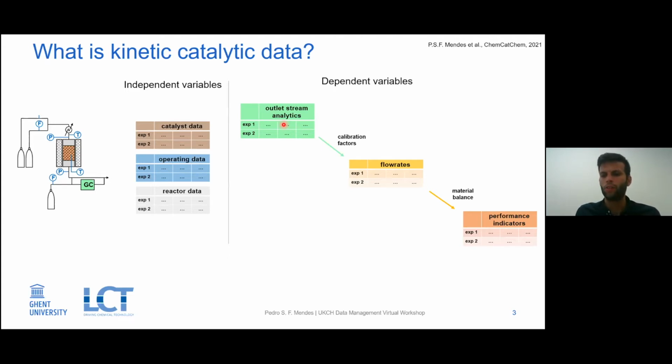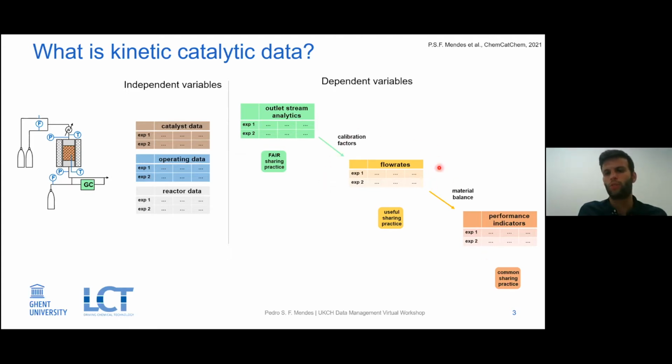On a side note, I would also like to mention that which variables you share is also relevant for the usability of your data. If you share performance indicators, which is what was most common to see in papers, so activities, selectivities, for instance, this does not allow for the use of the raw data, so for recalculation of performance indicators, for instance.